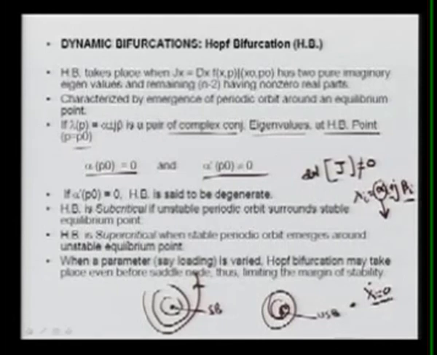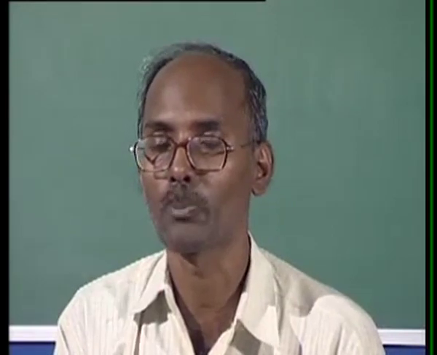When a parameter, say the loading, is varied, Hopf bifurcation may take place even before the saddle node, thus limiting the margin of stability. So far in the static case, we were going up to the saddle node bifurcation point, and if your loading is here, then this distance is the margin to the collapse point.